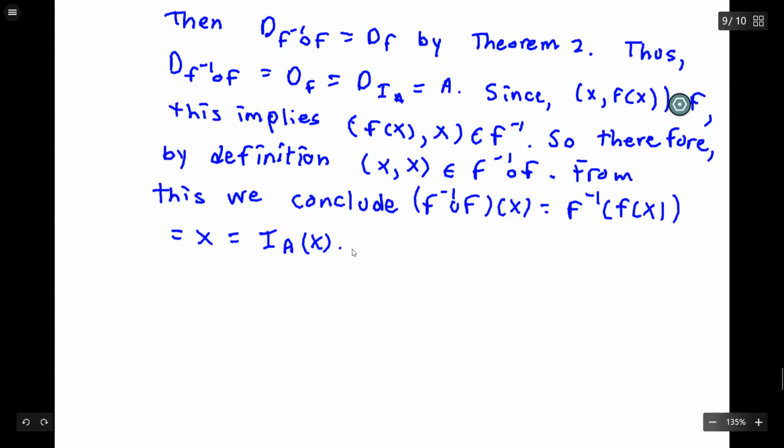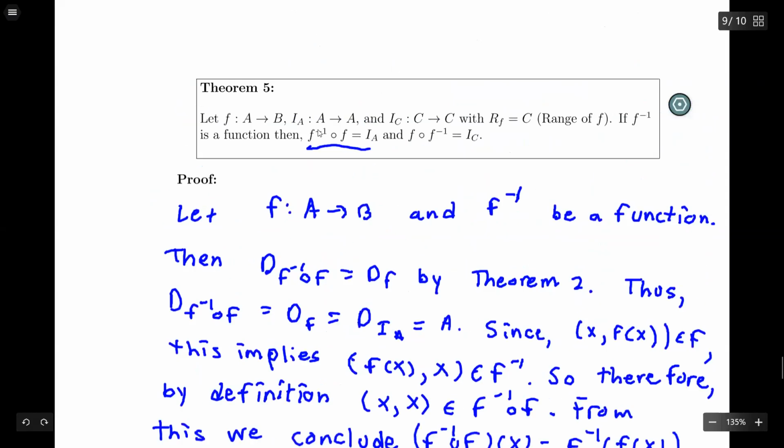So therefore, the inverse of f compose f is equal to I sub A. And that shows our statement there.